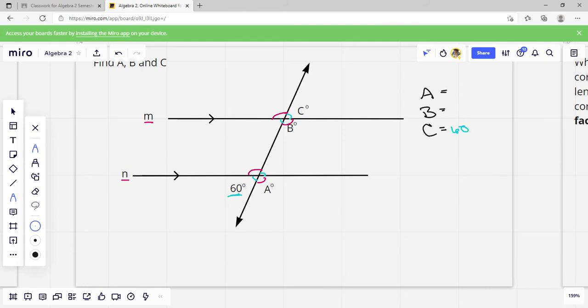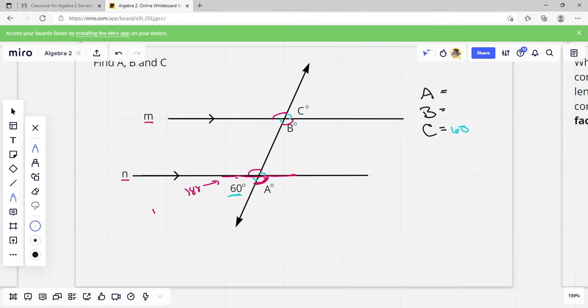Now A and B are going to be the same as each other because they're both big angles, both marked with pink. But we've got to figure out what they are. Well, if we look right here, we have a straight line, and we've got A, so our straight line is 180, and then we've got A and 60.